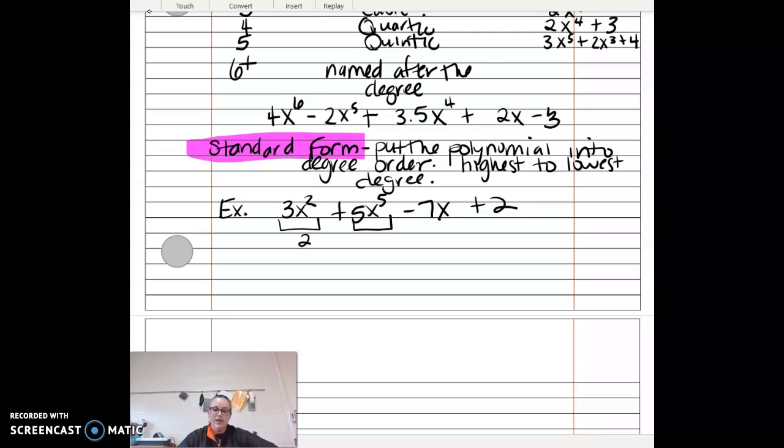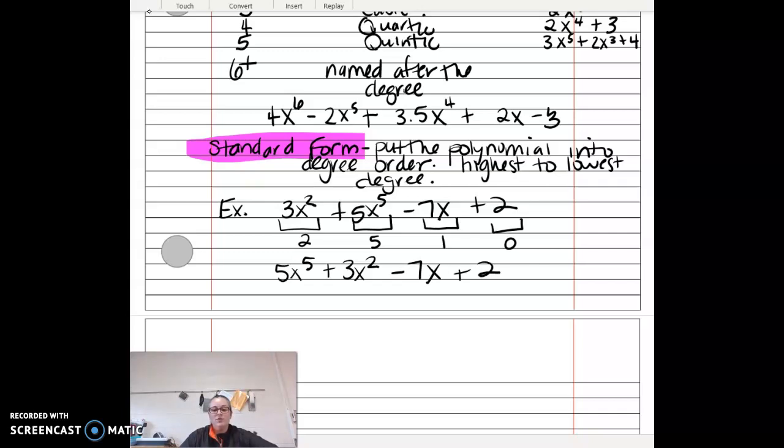This monomial has x to the 5th, so the degree is 5. This one, your degree is 1, and then constants have a degree of 0. So if I were to put these monomials in degree order, highest to lowest, I'd rearrange so that I have 5x to the 5th. The next one would be 3x squared. The next one would be minus 7x, and then the plus 2.